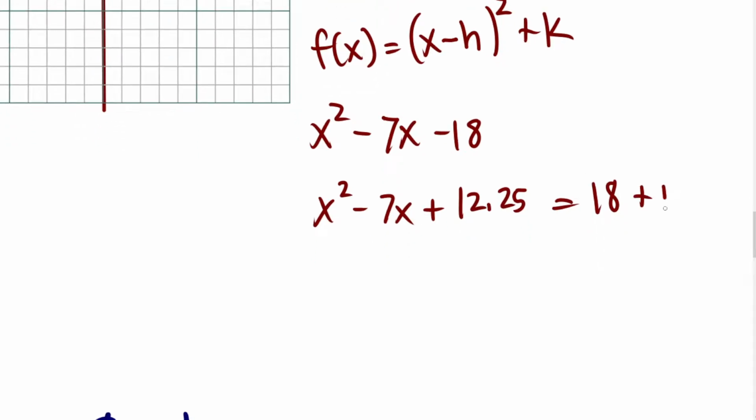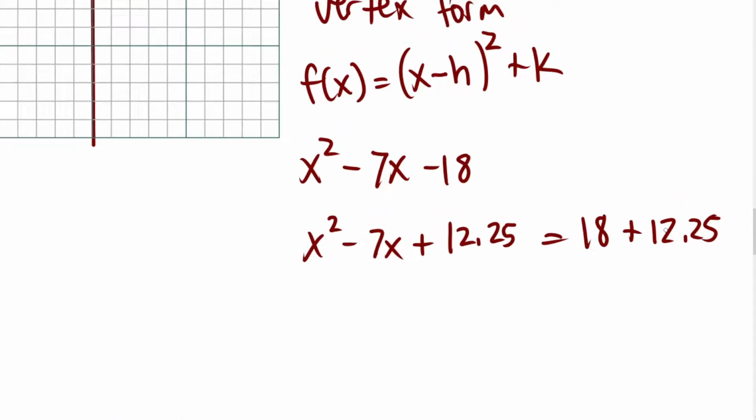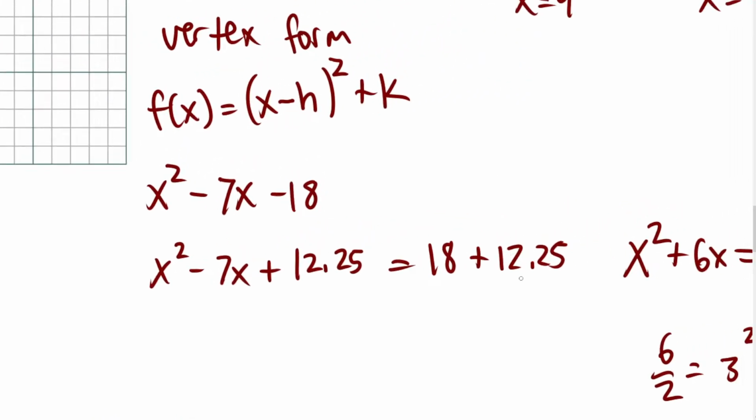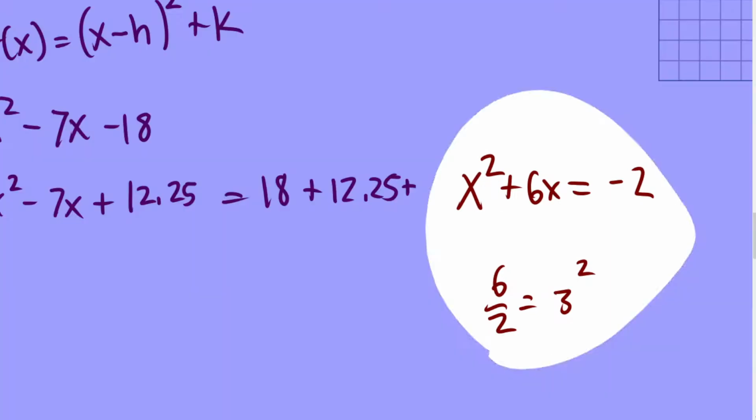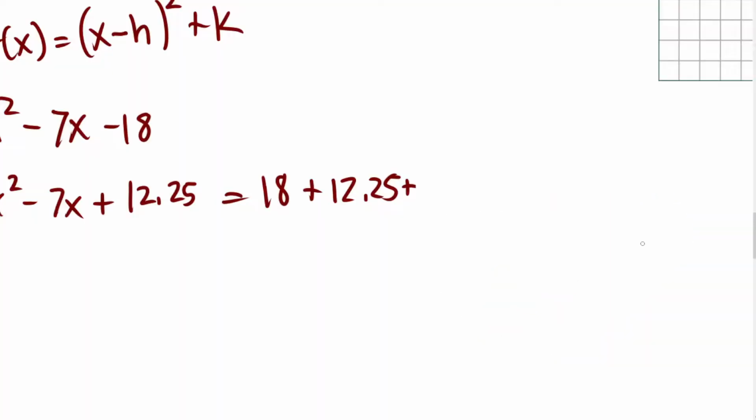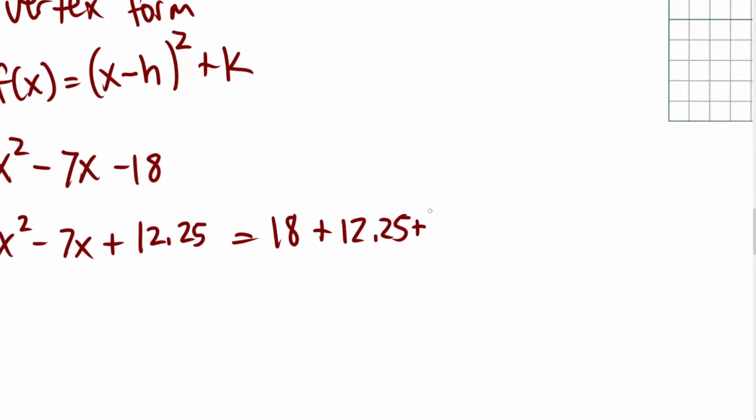And we have to do that to the other side too, which is going to be 18 plus 12.25. Oh, and I forgot to mention, we still have the f of x or y. We'll make it a y, so it makes more sense, I think. So plus y.